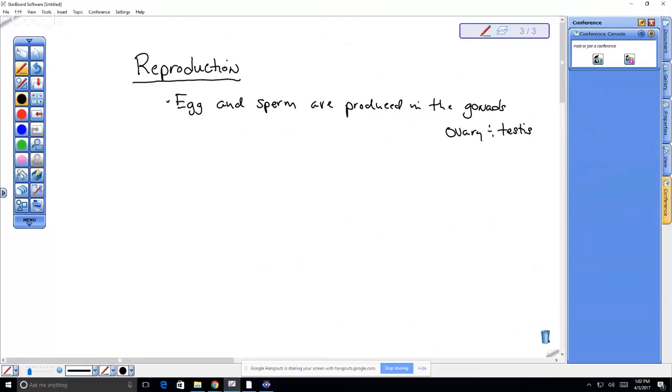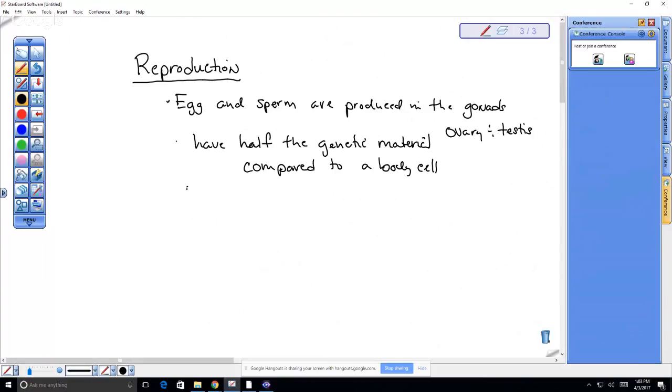So the egg and the sperm are produced, and they have half the genetic material compared to a body cell. Right?